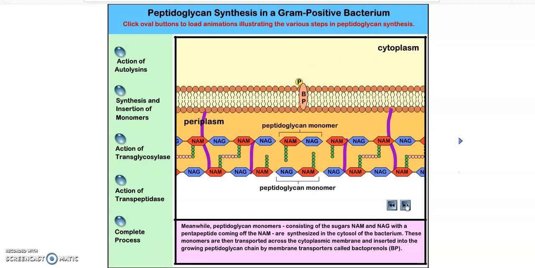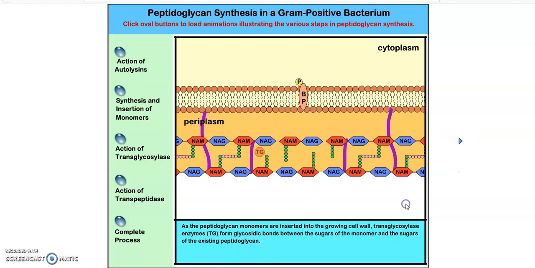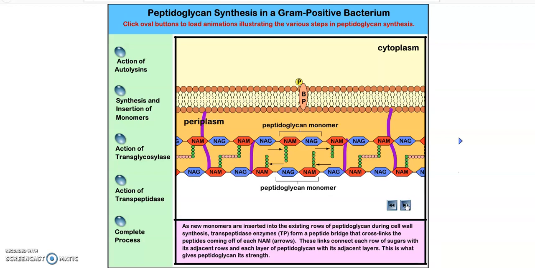The next thing that's going to happen is transglycosylase is going to come in, and it's going to make bonds between the NAG and NAM sugars, kind of tacking that peptidoglycan patch into position. But it isn't until transpeptidase comes in to make the crosslinks between the NAM molecules that the peptidoglycan wall becomes complete.